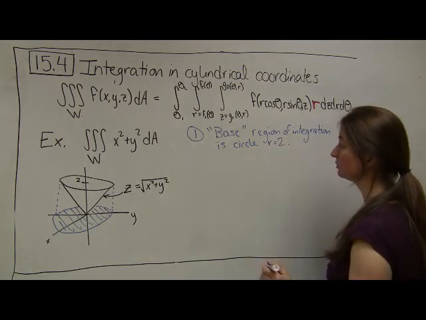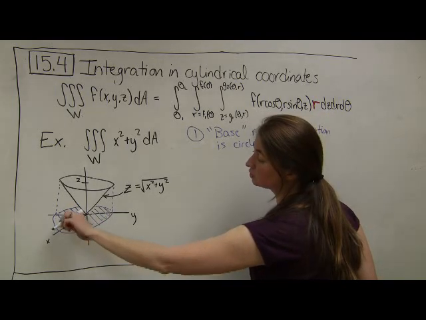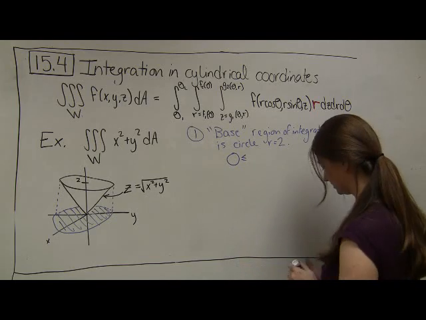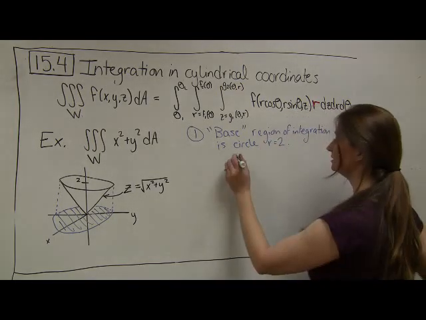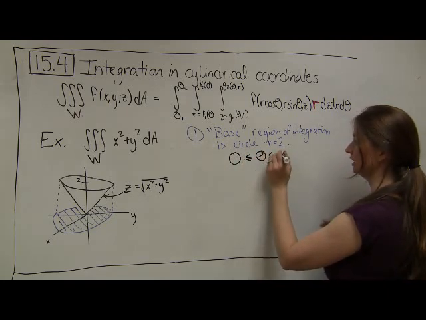And so we're going to represent that in polar coordinates. It just means that my theta value is sweeping out in a full circle, meaning that 0 is less than or equal to theta is less than or equal to 2 pi.